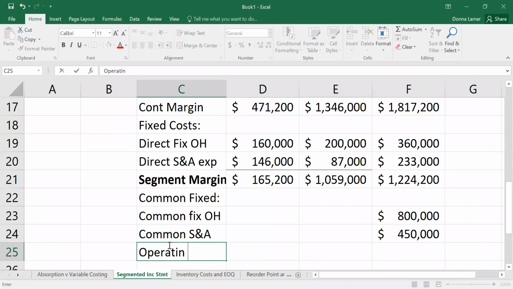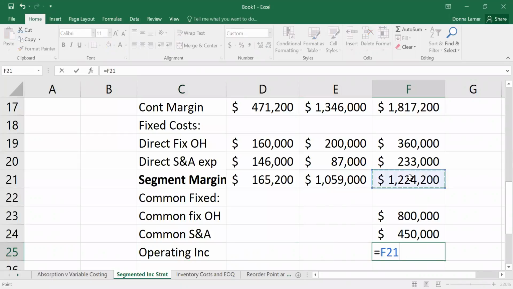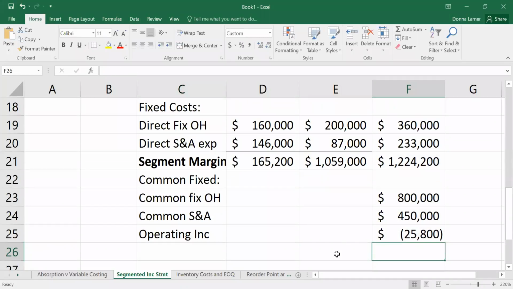Call that operating income. When we look at that, we're going to take away both these expenses, and unfortunately the company's not making a profit as a whole, but each segment is helping to contribute to the fixed costs. They're just not contributing enough to cover the common fixed costs.